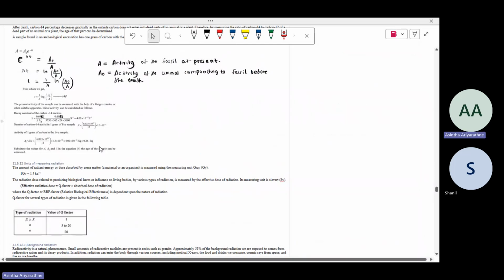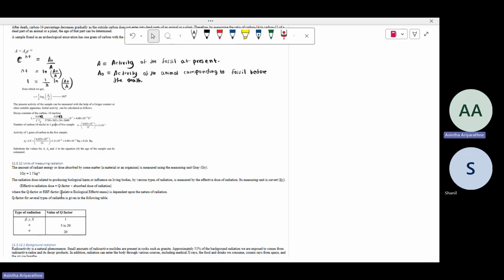Now for the measurement of radiation, we have another unit called gray. This unit you have to remember, as it might be asked in MCQs. What is the unit of measuring activity? It is becquerel. What is the unit for the radiation? Gray.